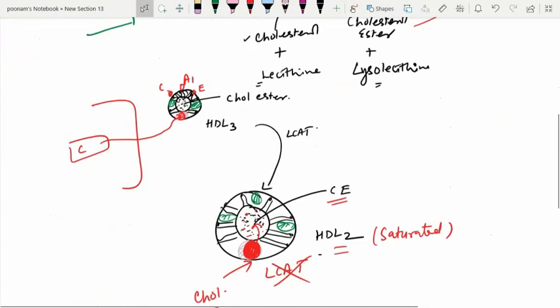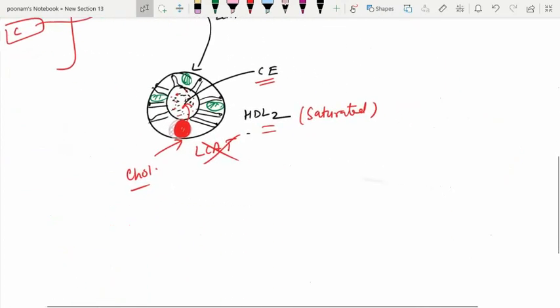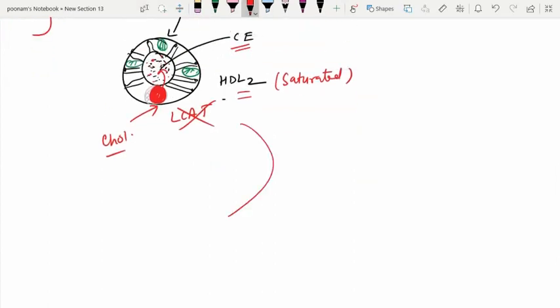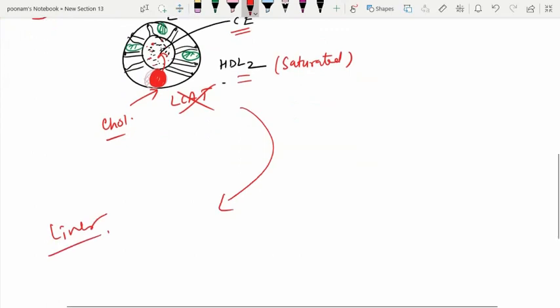It became HDL3, then it became HDL2. And at one moment, when a lot of cholesterol ester is accumulated in the core section, HDL2 is no more in a situation to accept more cholesterol from extrahepatic tissue. At this time this HDL2 moves to the liver, where it is metabolized.